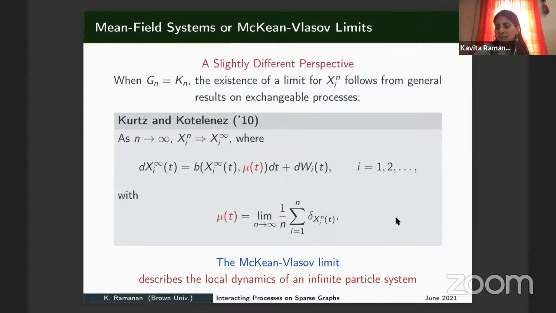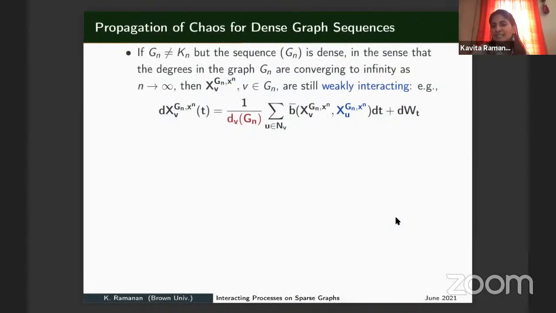Now, as long as these graphs are still dense, in the sense that the degrees in the graph G_N are converging to infinity in a suitable sense, you have to ask: is it the minimum degree? Is it the average degree? So you have to put specific conditions, but I'm not going to go into those details for now.